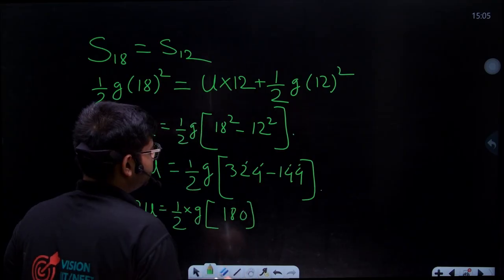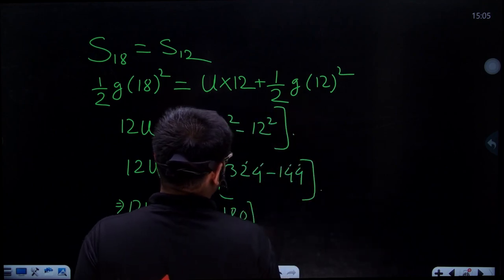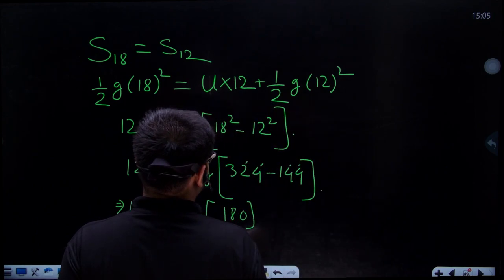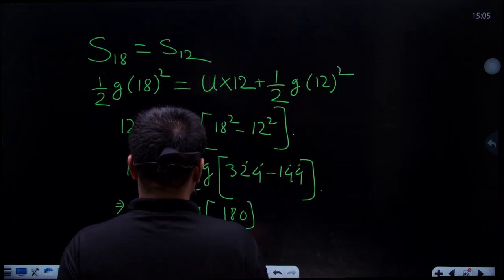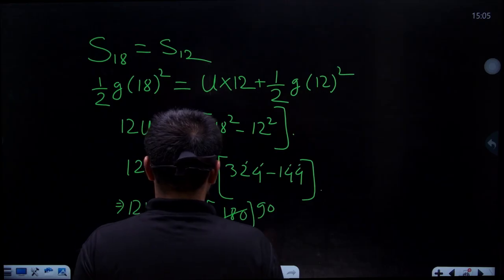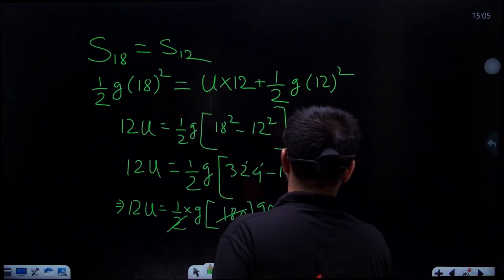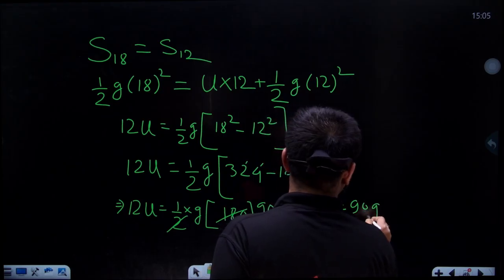Is it all right? Yes. So this is giving you 90, है ना? So 12u is equal to 90 into g.